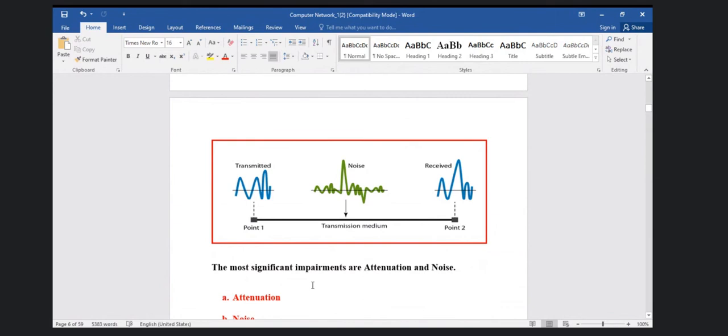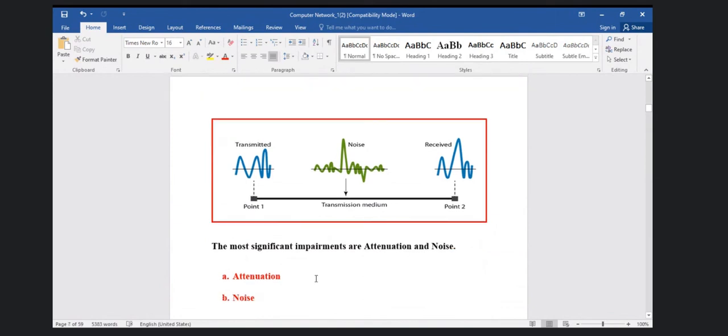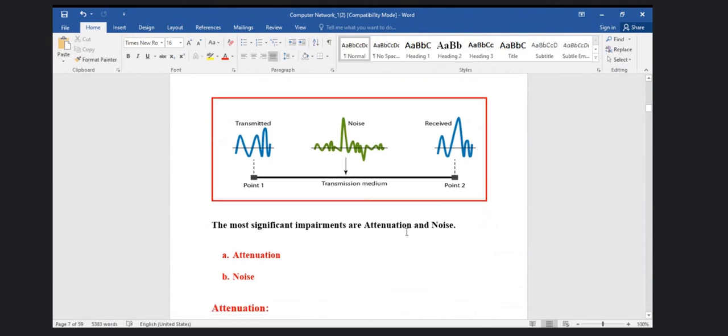These impairments can be of two types: attenuation and noise. Attenuation means the degradation in the signal quality or strength of the signal as the signal propagates through the transmission medium.